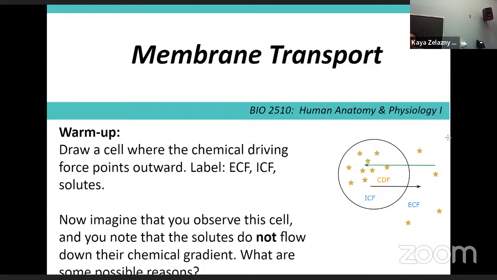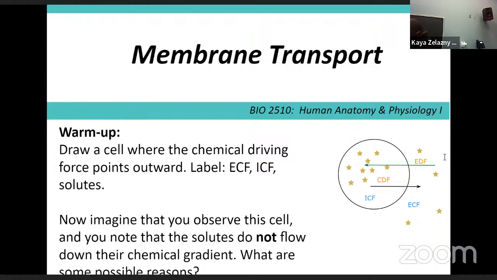If we were talking about a charged particle and our electrical driving force was really strong because of our charges, then we might see the solutes following that arrow, right? So they're going to go with whichever arrow is bigger. Basically, whichever force is greater in magnitude, whichever force is stronger. Exactly. Yeah, so that's one of our possible reasons, absolutely.